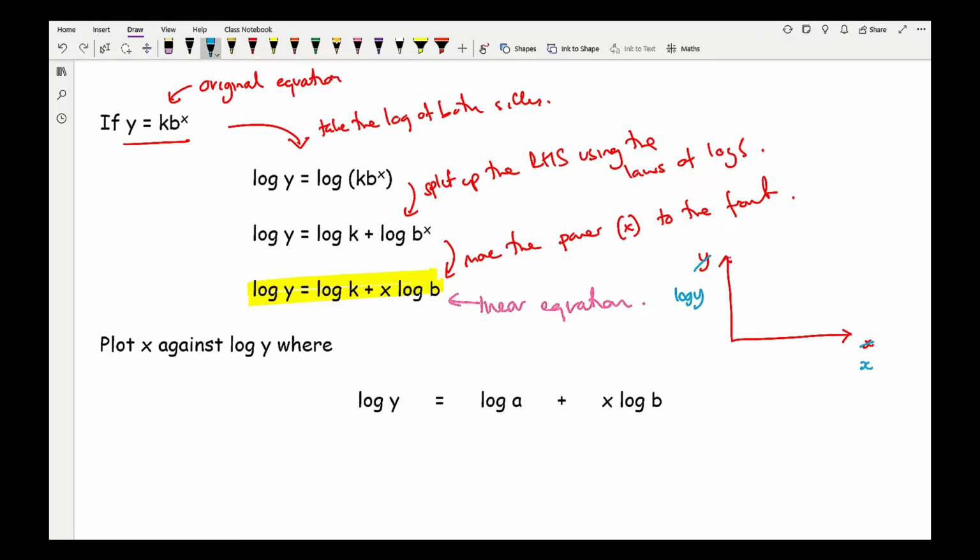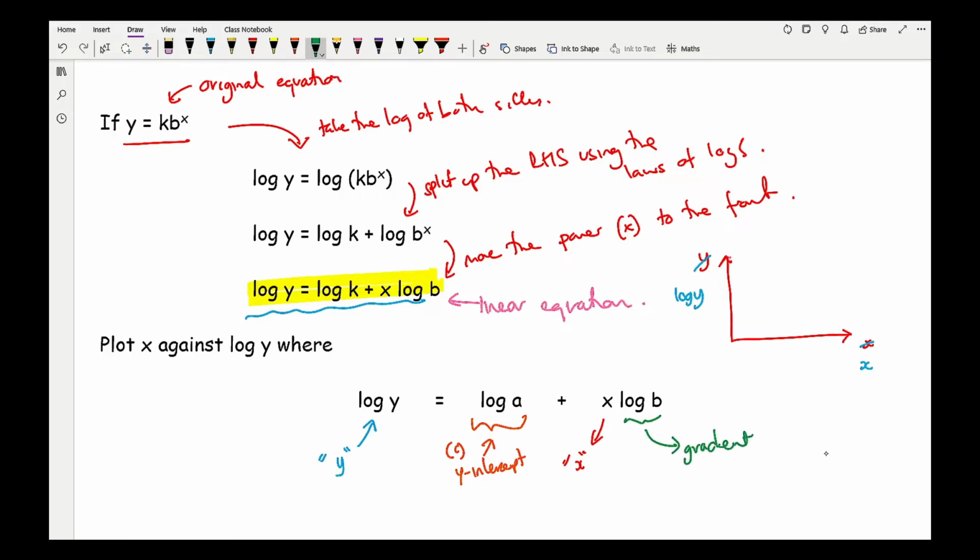Now from this particular equation, log y would represent our y values. A, just like before, would represent our y-intercept, which would represent our c. x is our x. But this time, that log b would be your gradient.